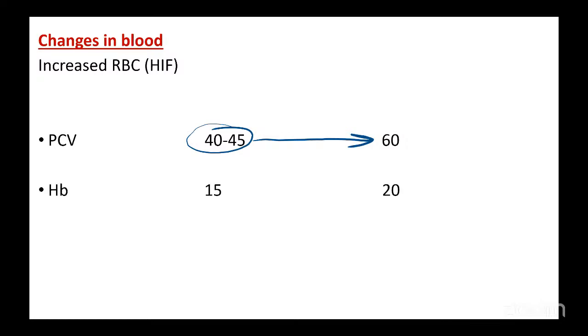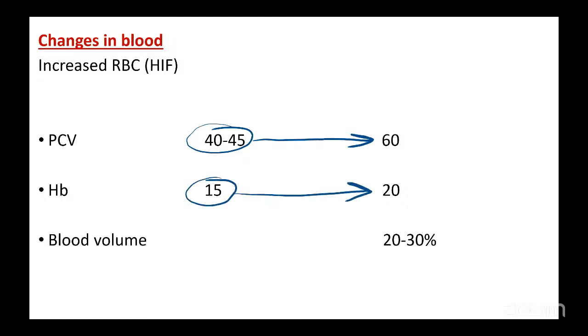Changes in the blood: one, your PCV. Normally around 42 is the value, 40 to 45 we give as a range. That will increase up to 60. The hemoglobin, taking 100% hemoglobin as 15, can go up to 20.